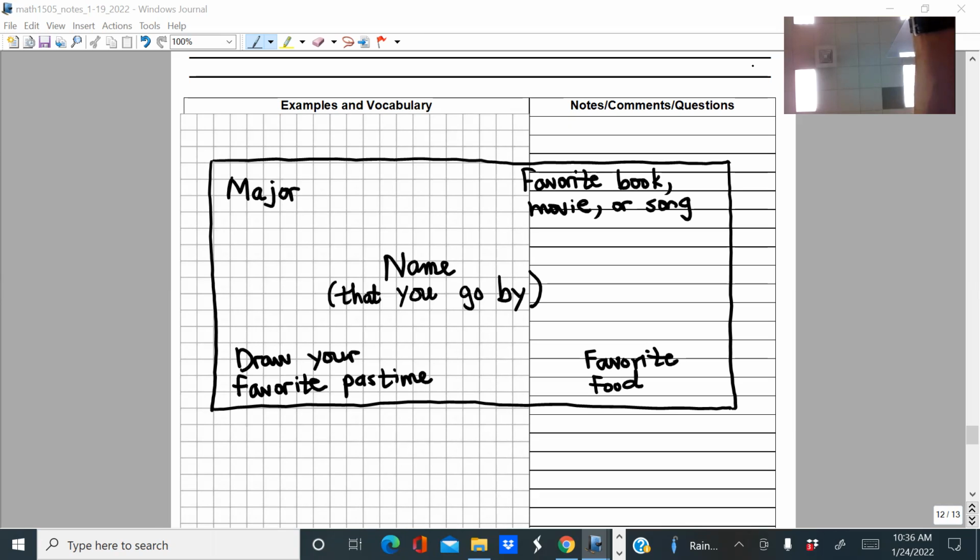So I can see it. Yeah. Oh no, you don't have to draw your favorite food. It was just draw your favorite pastime, right? You don't have to be a trained artist here for your pastime. Stick figures will do nicely.